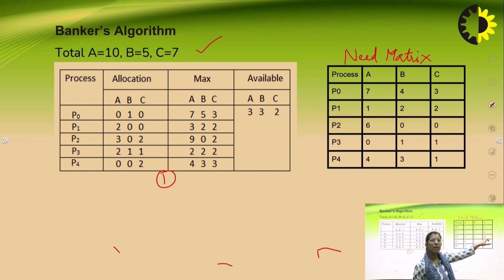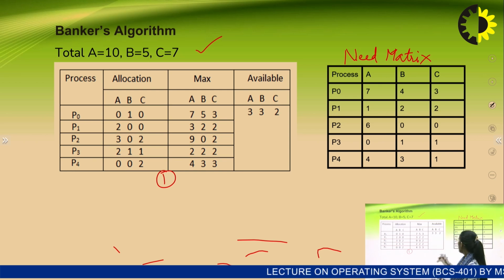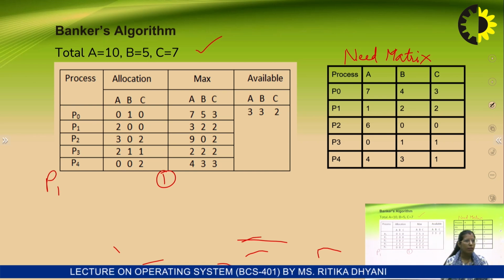Next, C, P1 requires 2 resources of type C, and in the system, there are 2 C type resources available. So all the needs of this particular process are available in the system. So firstly, we are permitting P1 to execute.